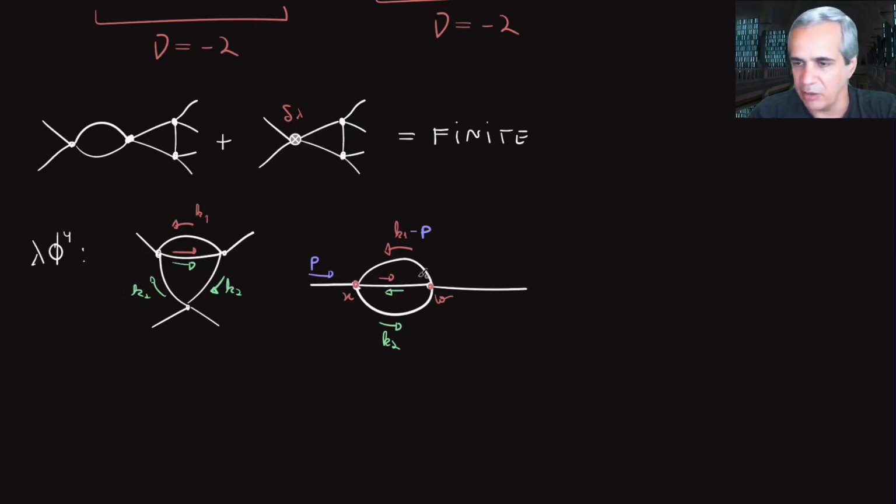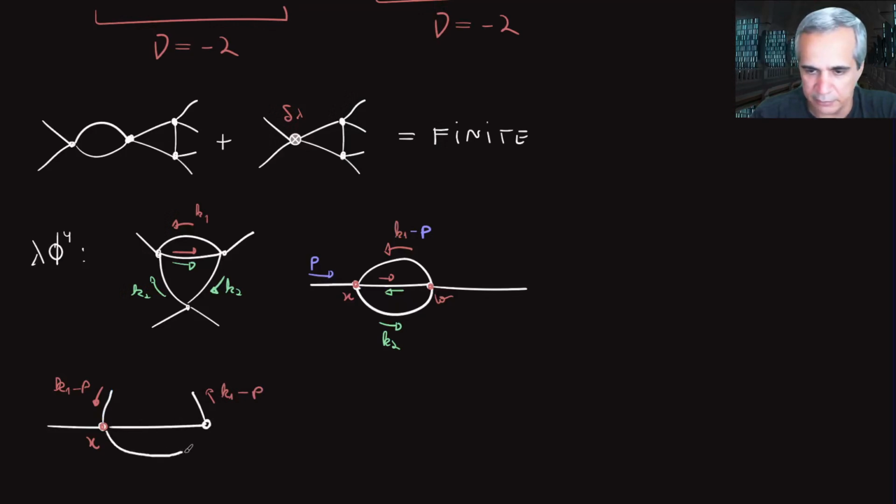And we did a similar calculation to this. You can think of this like you have a line going into this point X here. The top line can be really long because K1 is small. So I have momentum K1 minus P going in here, K1 minus P going out here, and I close the other lines here.